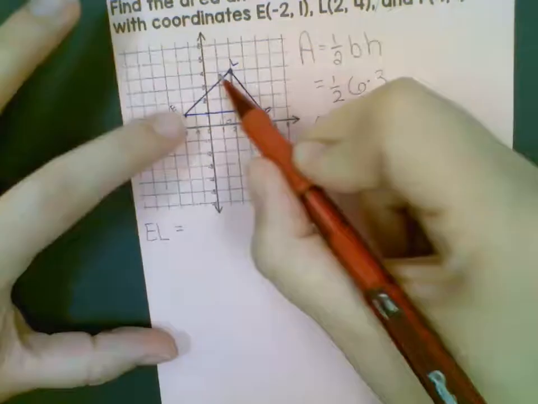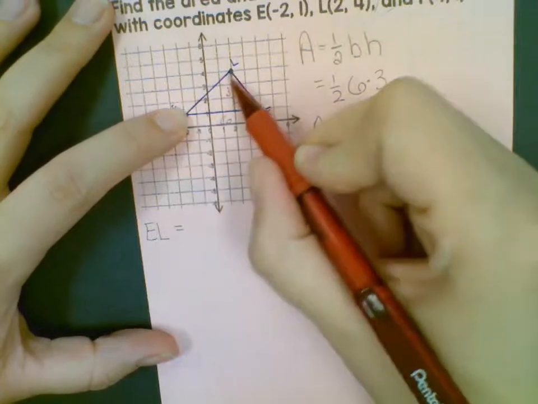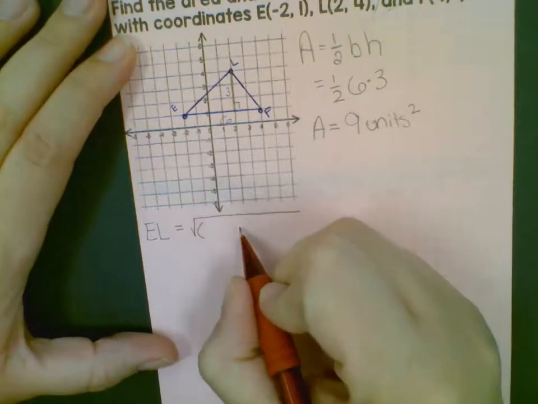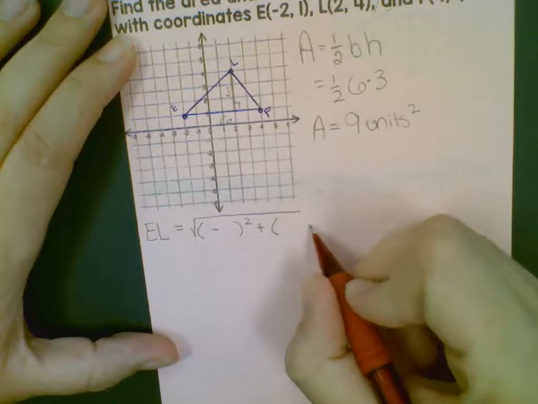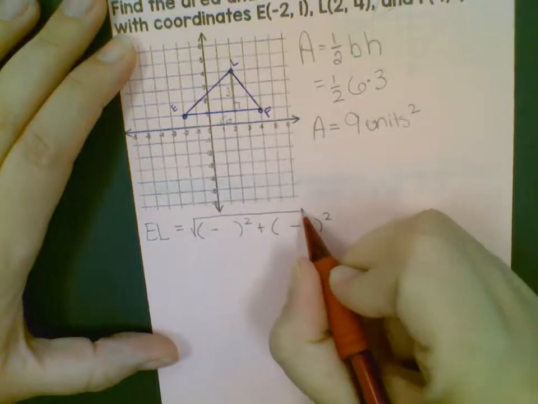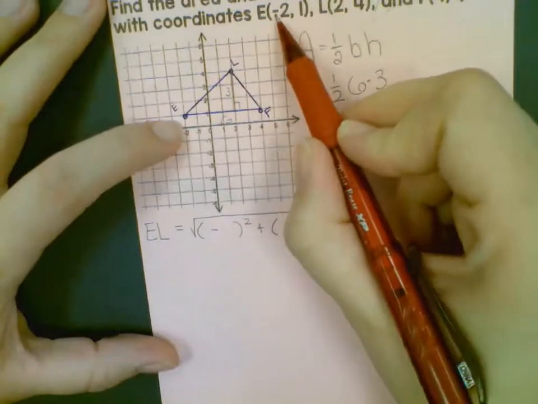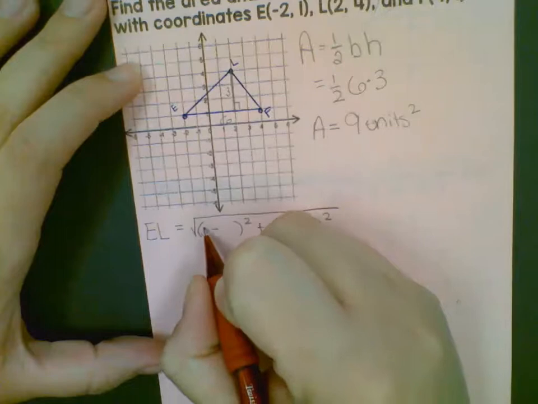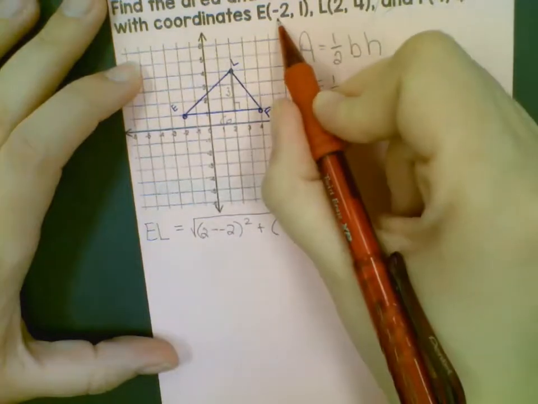So we'll use the distance formula between these 2 points to find the length of that line. So remember the distance formula is you subtract the x coordinates, square them, and then subtract the y coordinates and square them, and then we add those answers together. So our x coordinates are -2 and 2. So 2 minus -2. So we did the second one minus the first one.